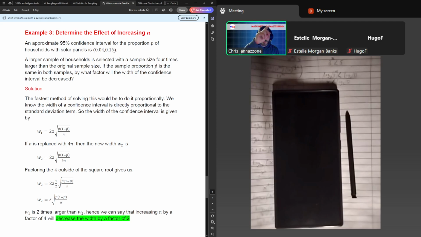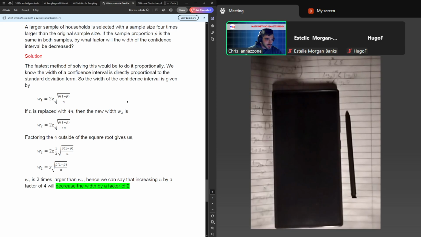Point being that upper 3 slices, because you're more accurate, you've seen much more data to indicate that it's a lot more likely to fall in those particular regions. That's what this is talking about, but in the context of households instead. So if we increase the sample size 4 times larger, what happens to the width of the confidence interval?